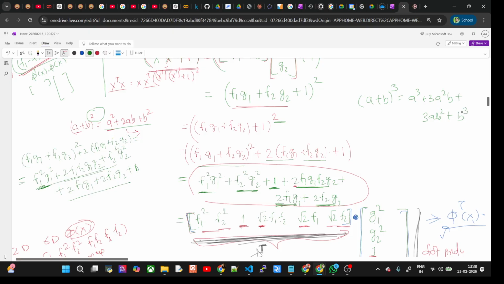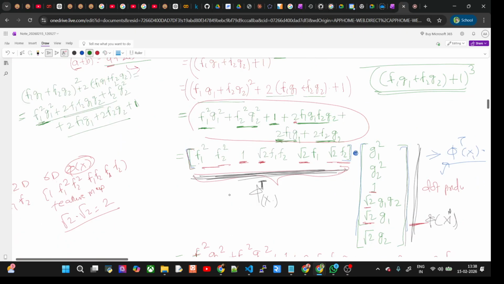Then you put this equation in, with f1 g1 plus f2 g2 plus 1 raised to cube, and solve it step by step.